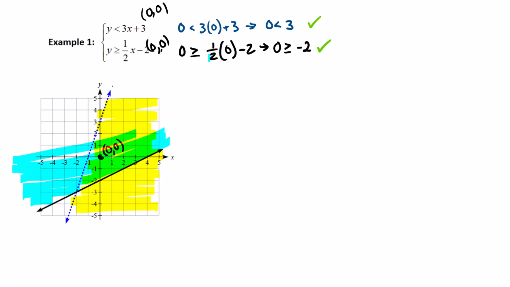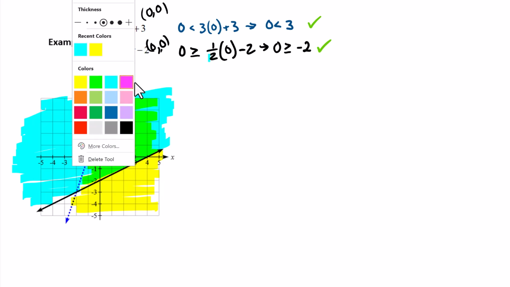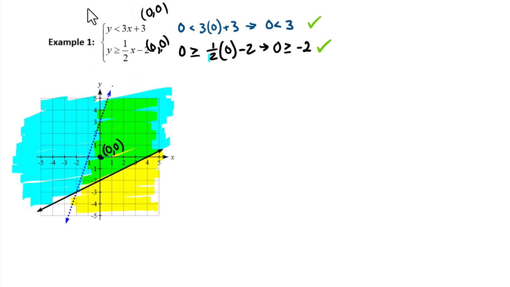So I'm picking 0, 0 as a point, but I could pick quite literally any point on the graph. And where the two segments overlap, notice it turned green, that is my interval or area where this system is true. So this part right here is the true statement.